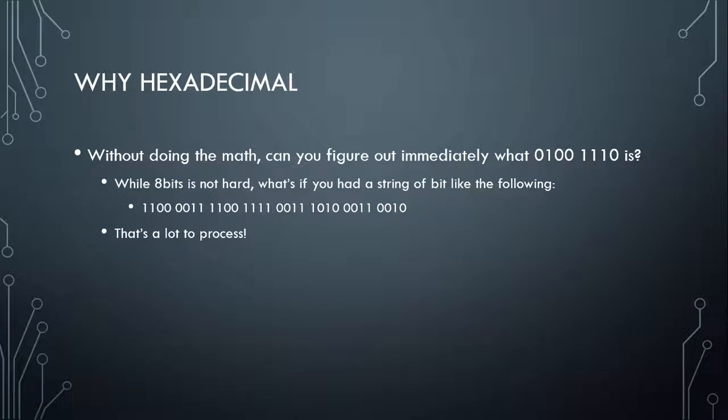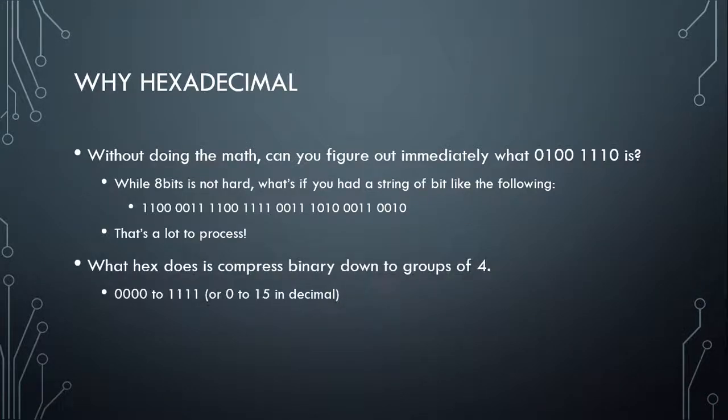There's a lot of bits there. That's a lot of information to process and try to figure out what all those numbers mean. You could try to break it into 8-bit chunks and figure it out, but that's a lot of information to process. Now, what hex does is it compresses binary down into groups of 4, anywhere from 0000 to 1111, or 0 to 15 in decimal.